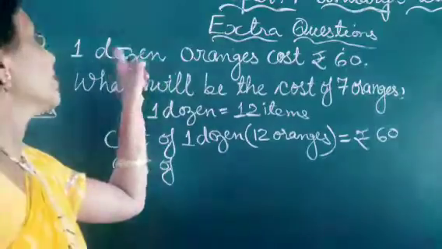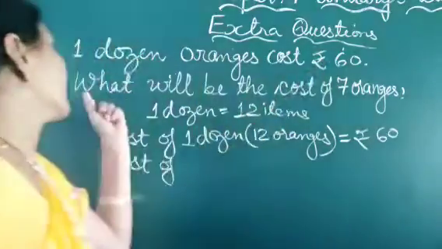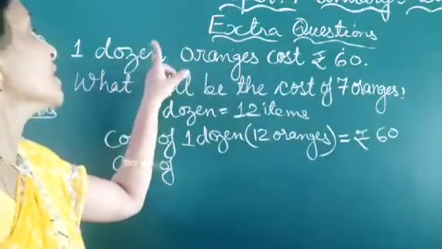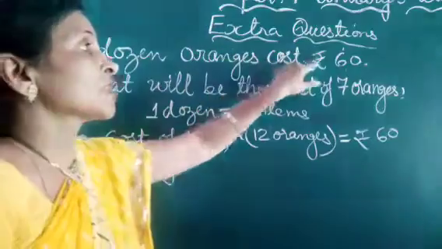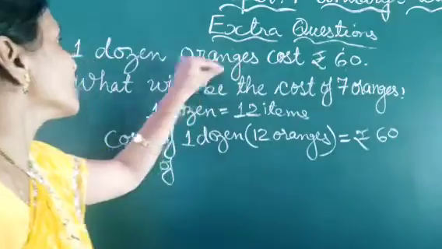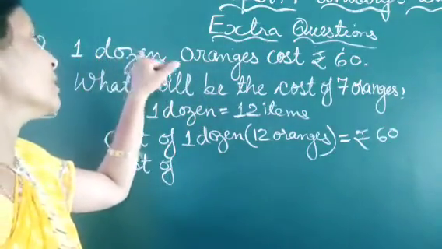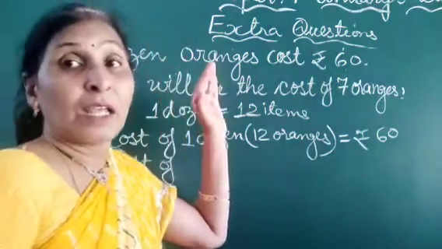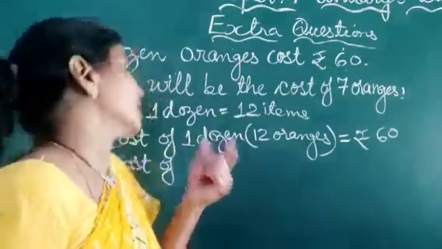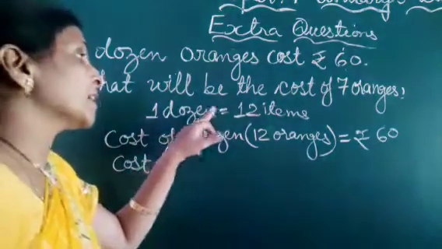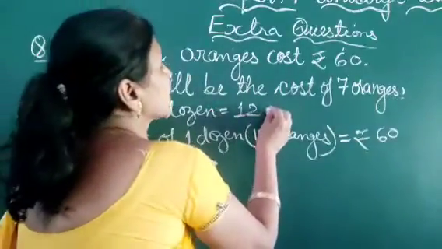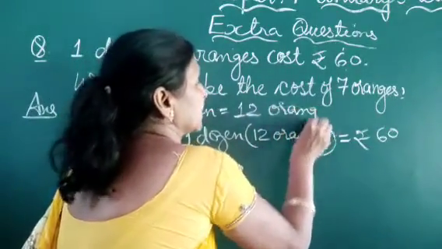Now the next question, 1 dozen oranges cost rupees 60. What will be the cost of 7 oranges? Children, here the cost of 1 dozen oranges is given and we will find out the cost of 7 oranges. So first convert 1 dozen into items, how many oranges there are in 1 dozen. We know that in 1 dozen there are 12 oranges.